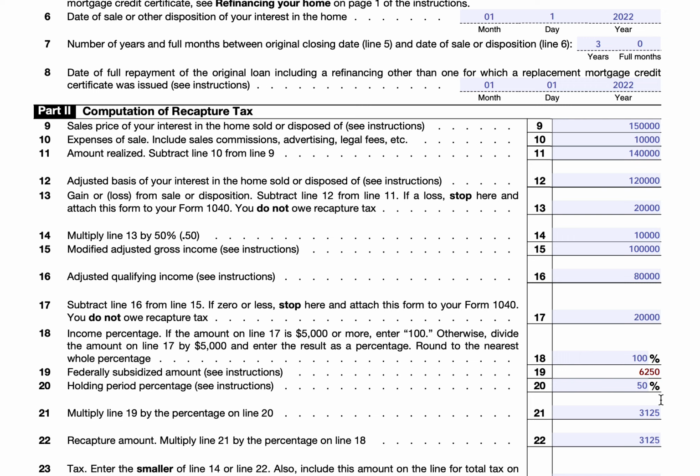The holding period percentage, again, is derived from that table on the written notification. There should be holding period percentages that also correspond to the qualifying income.